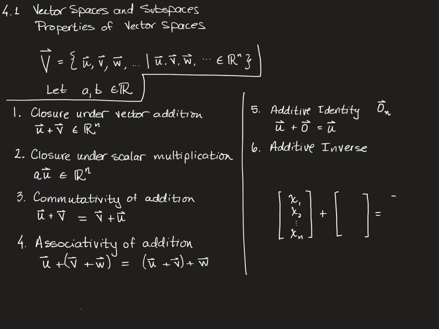If the result was the 0 vector, the additive identity, then because of the way we add matrices or vectors together, when I add x1 to this component here, I'm going to have to get 0. And so that's negative x1. And I'll do the same thing for x2 and xn, right?